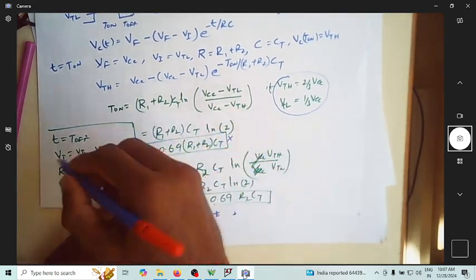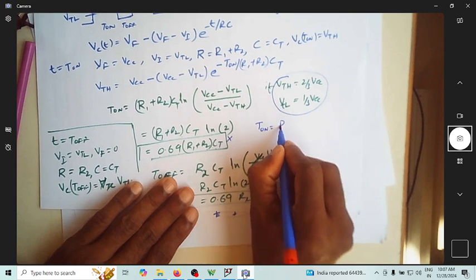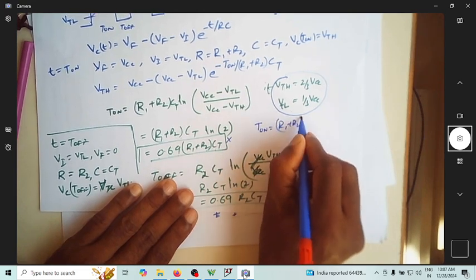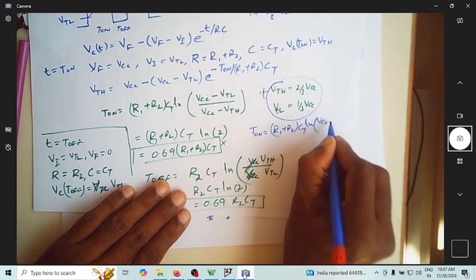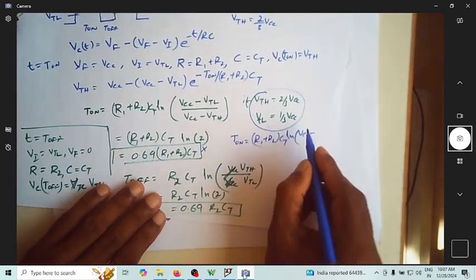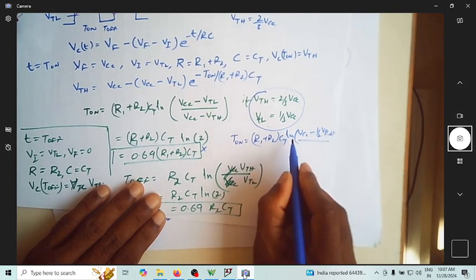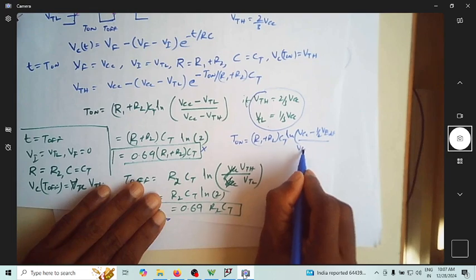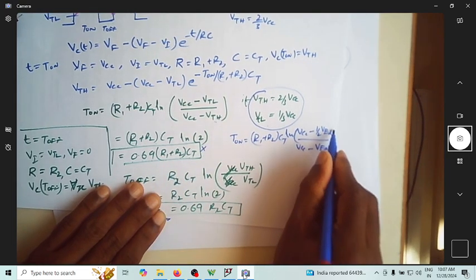So this equation changes when you connect an external power supply. T on is equal to R1 plus R2 into CT ln of VCC minus VTL, where VTL is half of V external, divided by VCC minus VTH, where VTH is V external.